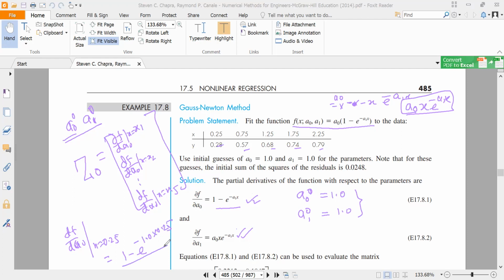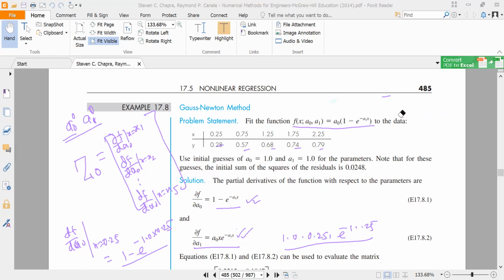Yes, sir. And the first value of the other function will be equal to 1 into 0.25 into e to the power minus 1 into 0.25, isn't it? Yes, sir. Now you change the value of x in both equations, then you can proceed in filling the matrix.